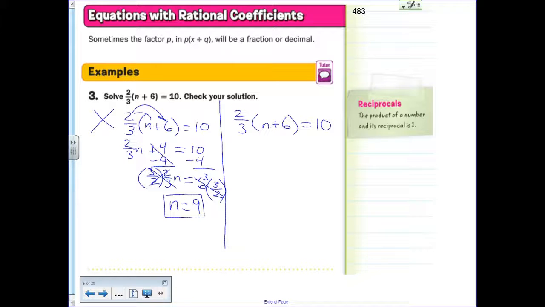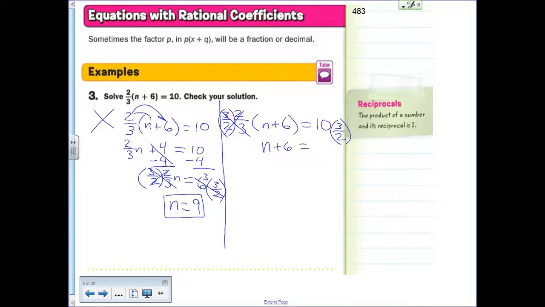The opposite of multiplying by 2/3 is to flip it and multiply by 3/2 on both sides. 3/2 and 2/3 are reciprocal fractions that when multiplied together equal 1. So we have 1 times n plus 6, which is just n plus 6.